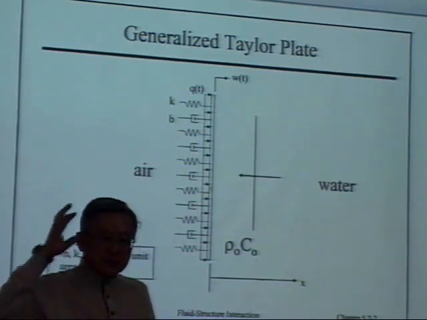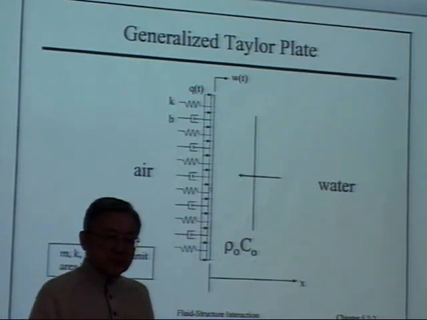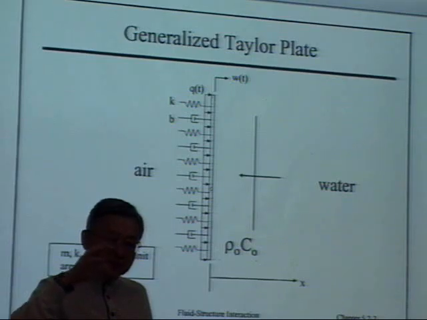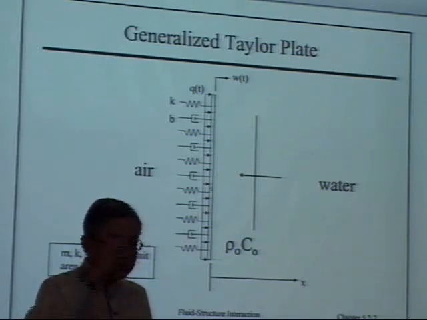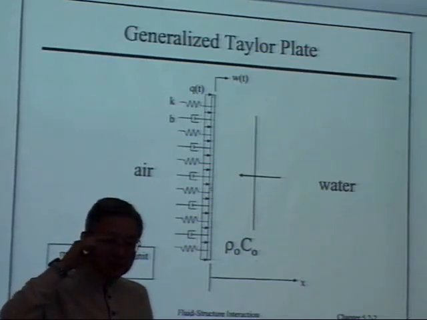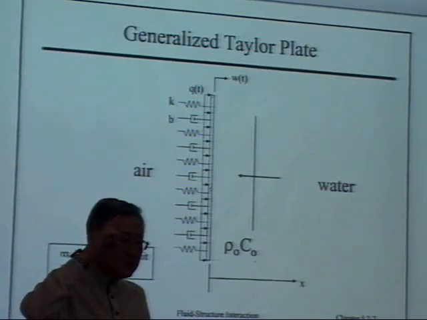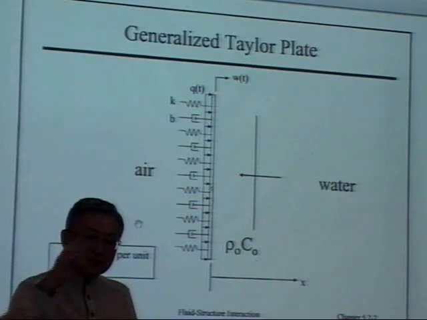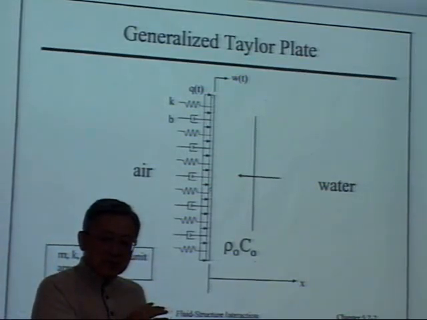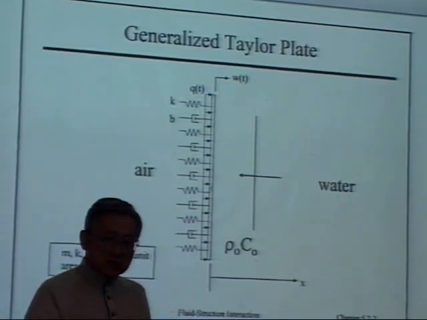In the equations of motion, visualize mx double dot plus cx dot plus kx, right? C is rho c. Just visualize it: on one side water is one rho c, and on the other side water is two rho c.